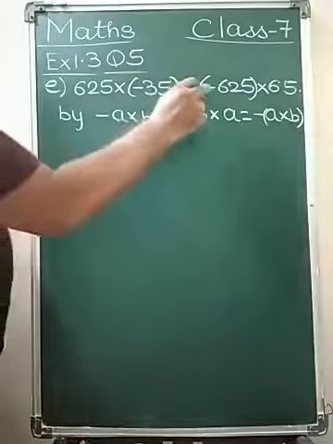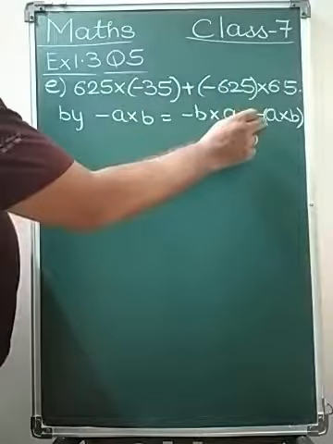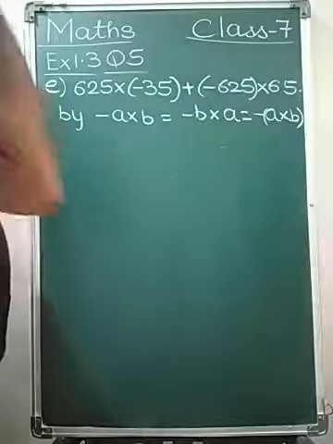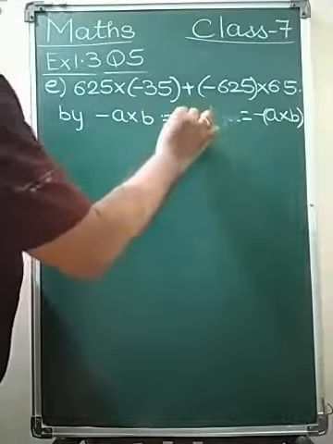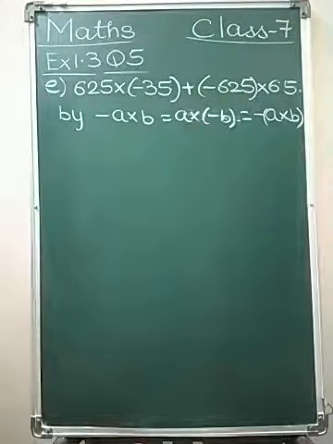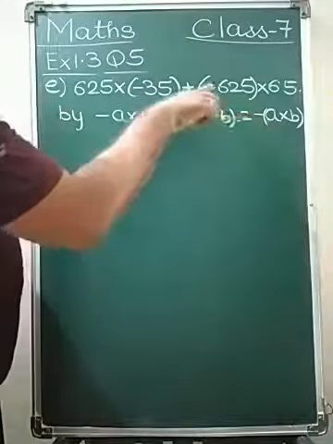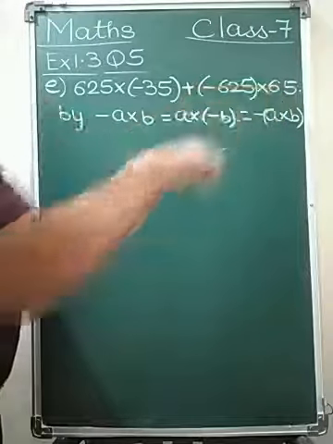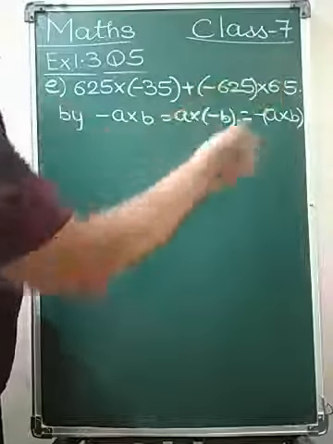So if there is a negative sign here into any one of the integers, ultimately in the answer we are going to get, or this we can write as A multiplied by minus B. So what we are going to get is that we are going to get in the answer minus sign. So if minus sign is here or here, it makes no difference. Okay, so what we will do, we will transfer this minus sign to 65.